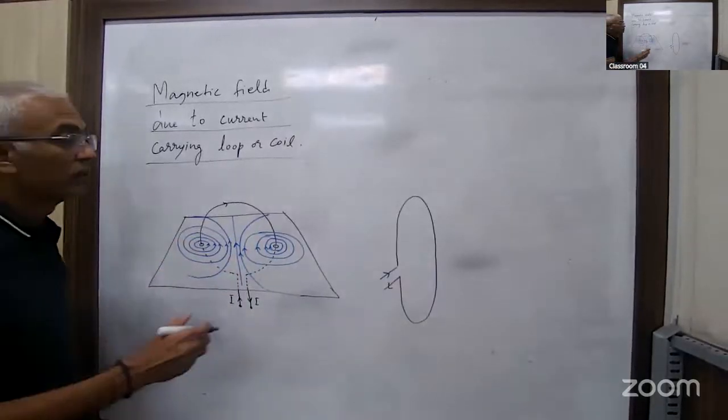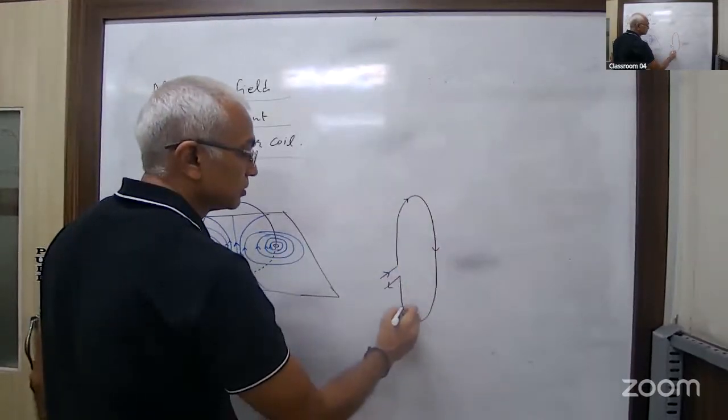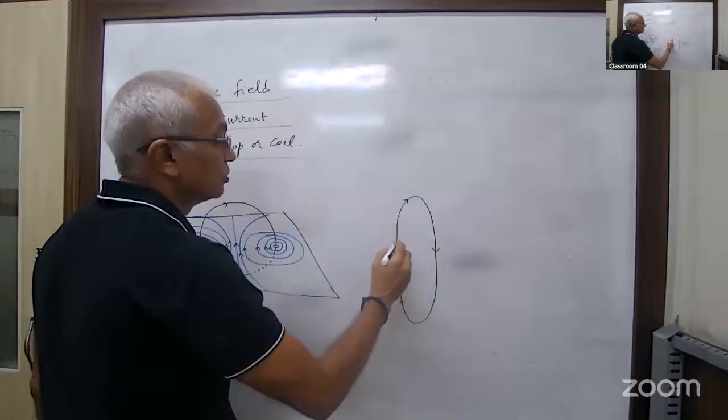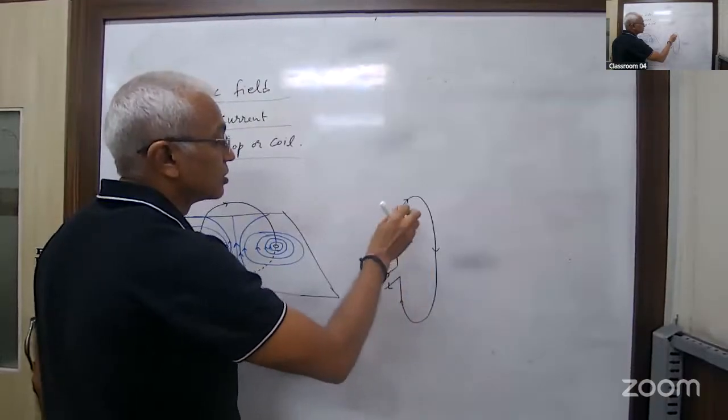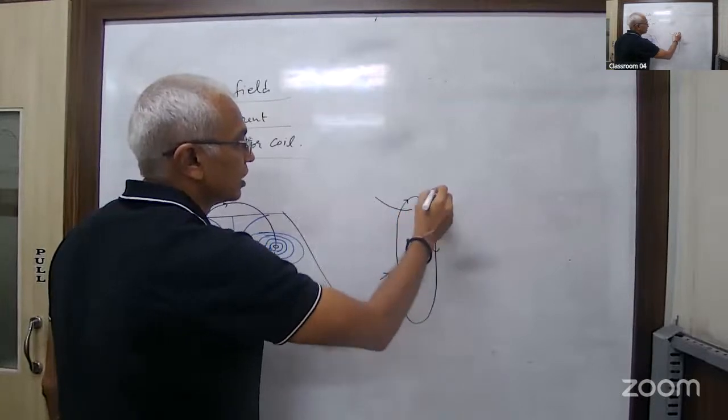So अब क्या होगा? This is still a clockwise current. So the field will enter from here and it will come out from here.